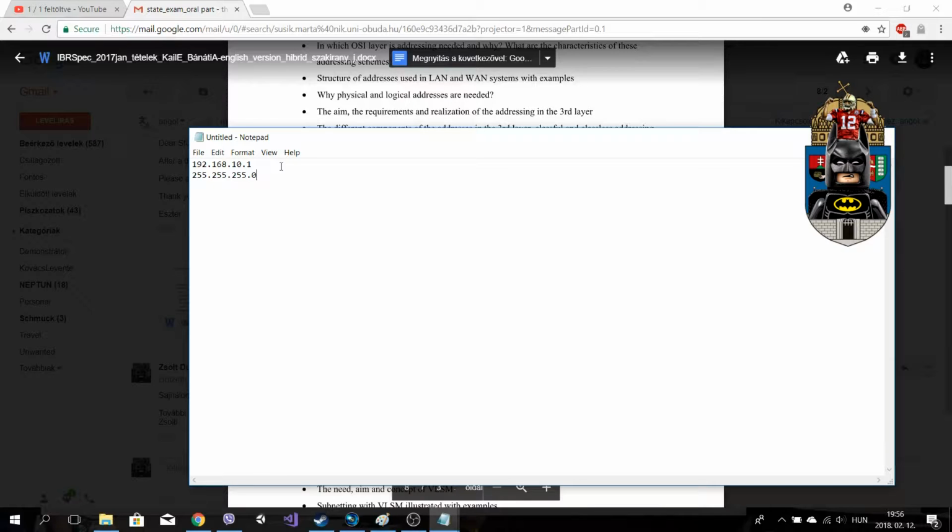It is quite simple: the computer will do a logical ANDing of these values. We have this IP address, and we don't care about the rest. The important part here is the subnet mask, because we know that the first 24 bits will be ones and the remaining will be 0.